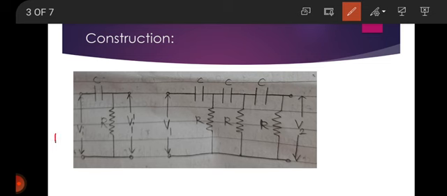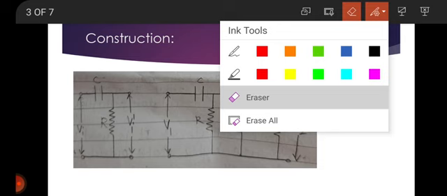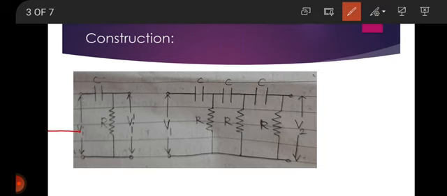The first figure shows a single section of the RC network. When we apply a sinusoidal voltage to this circuit consisting of R and C in series, this C and this R, resistor and capacitor, are in series in this network.